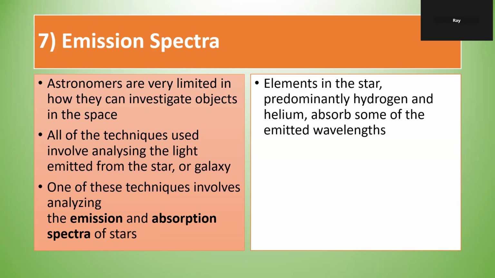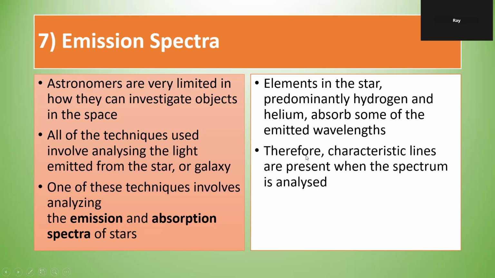Elements in the star, predominantly hydrogen and helium, absorb some of the emitted wavelengths. That's why we know hydrogen and helium are present in the star. Therefore, characteristic lines are present when the spectrum is analyzed.